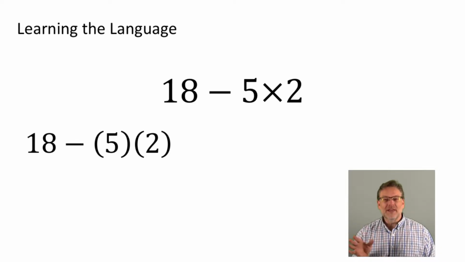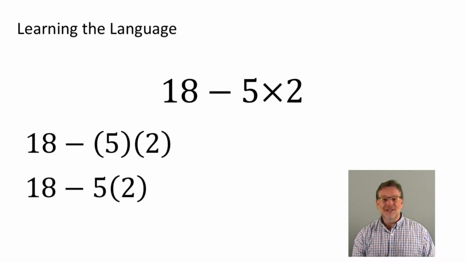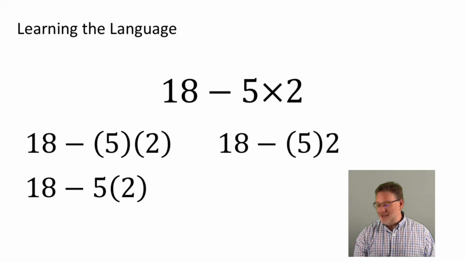Yes, they're inside of parentheses, but within those parentheses it's just a single number. There isn't anything that's going on inside those parentheses. But what's most important here is that there's no arithmetic sign between 5 and 2. What does that mean then? It means multiplication. This also means multiplication. And in the same way, this means multiplication as well as this.